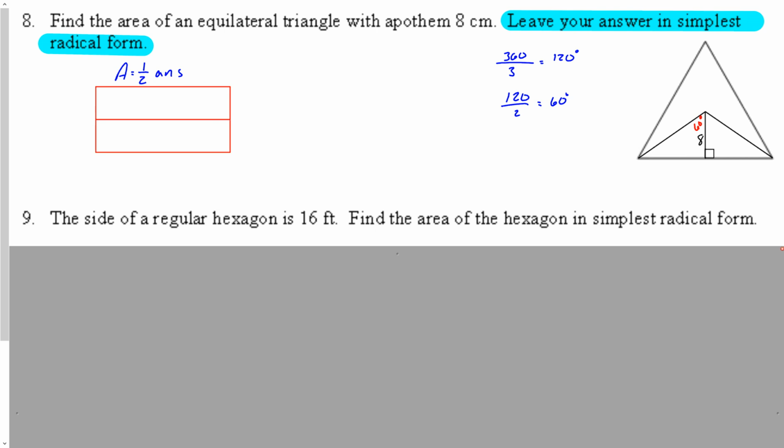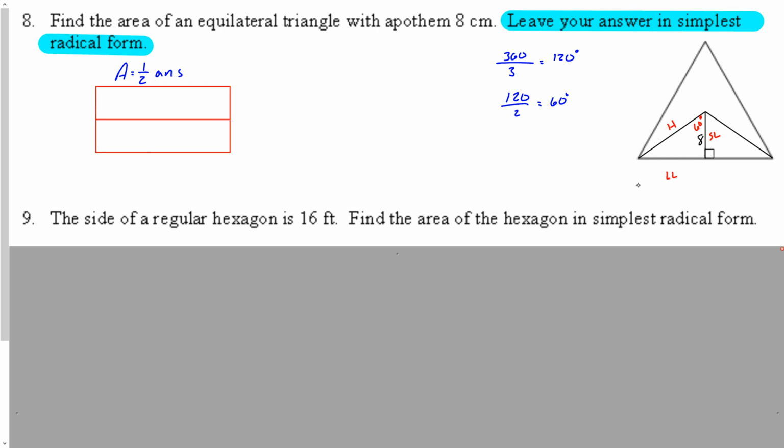Again, thinking back to the question, it says leave your answer in simplest radical form. This is now able to be called a 30, 60, 90 triangle. Since this is a 30, 60, 90, I would recommend that you label your short leg, the long leg, and the hypotenuse.